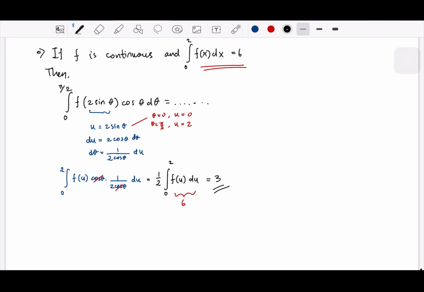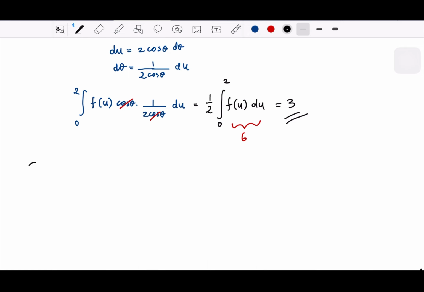Okay, so the next chapter we call the application of integration. So chapter 6 is application of integration. For chapter 5, some exercise I'm preparing to give you within this week.